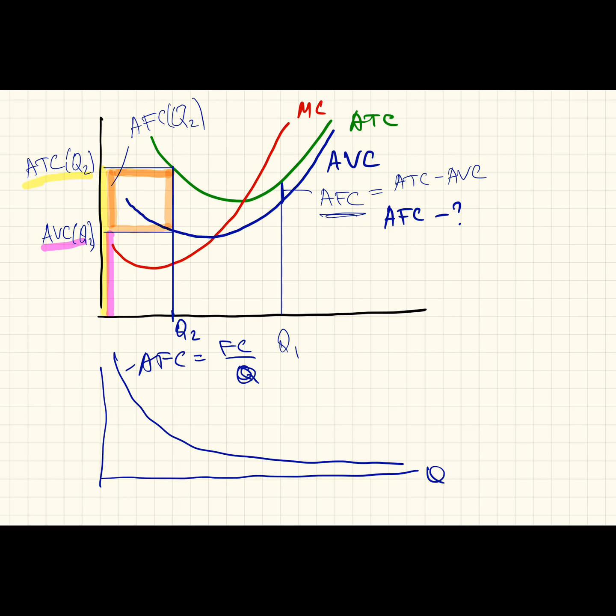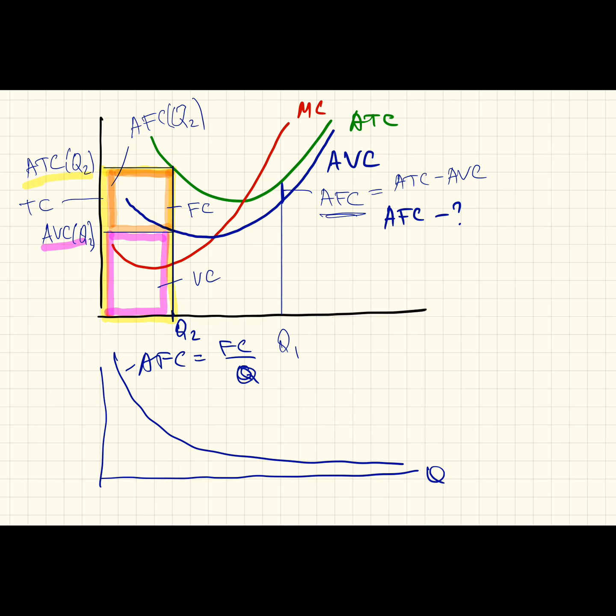So this box is telling you what FC is. This large yellow box tells you what your TC is, and this pink box is telling you what your VC is. So this is your VC, this is your FC, and the whole thing, the yellow thing, is your total cost.